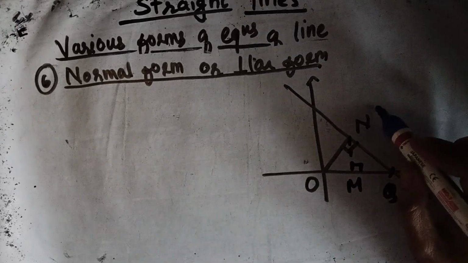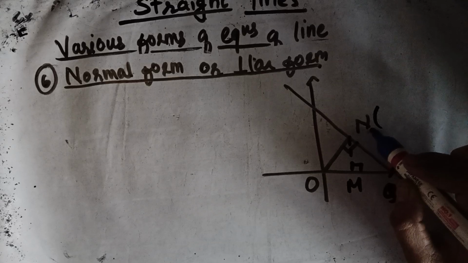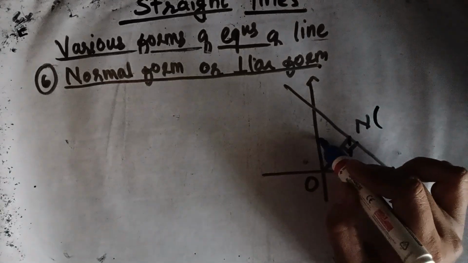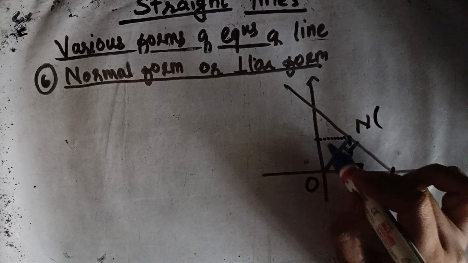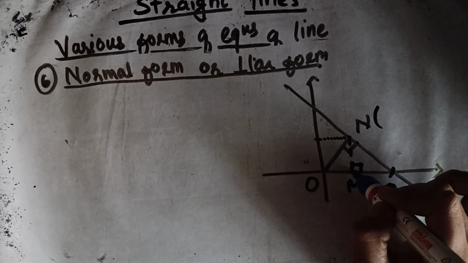The origin is 0, 0. The coordinates of this point are y and this is x.